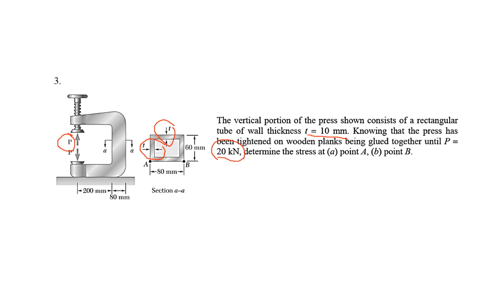The question asks us to determine the stress at point A and point B. This is point A, and this is point B. So make sure we have written all the known values before answering the question.